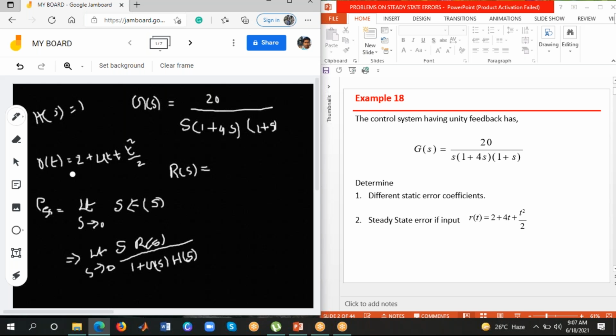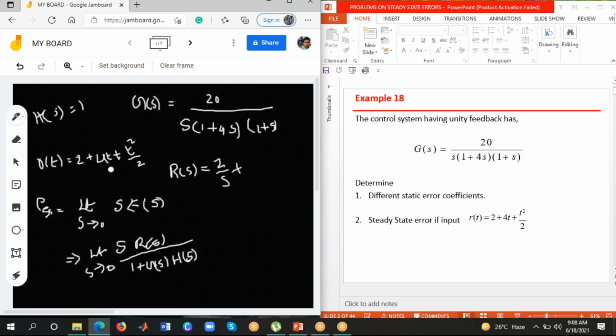First, if you apply the Laplace transform to the 2, what will you get? Two by s.